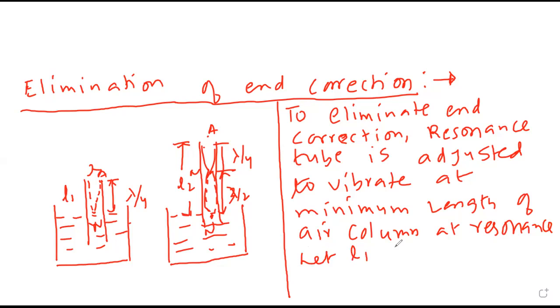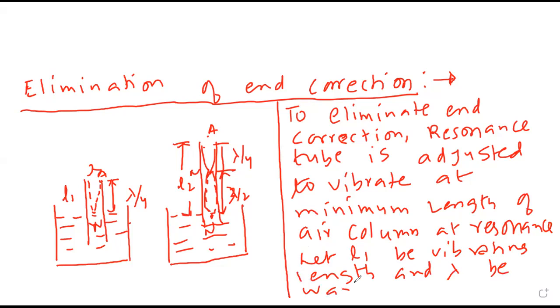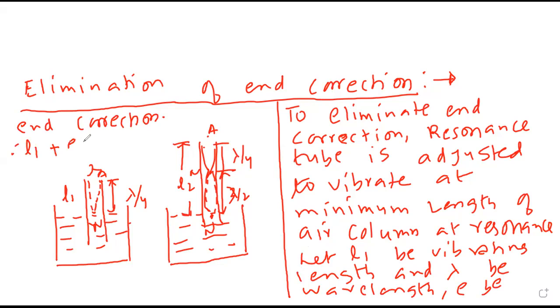Let L1 be the vibrating length, lambda be the wavelength, E be the end correction. Therefore, L1 plus end correction is lambda by 4, equation 1. Copy this much.